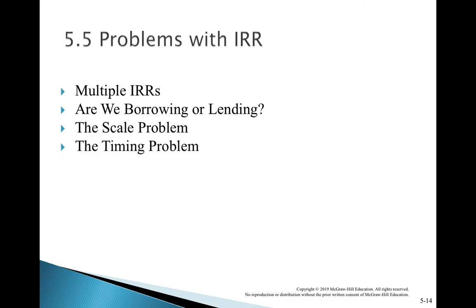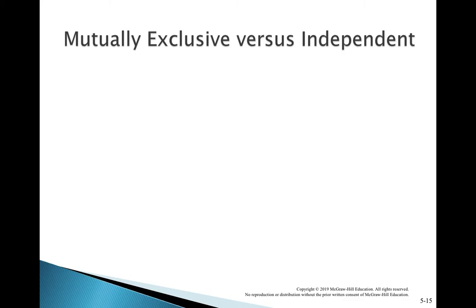Timing problem. When the cash flows have different timings, one project gives one cash outflow and 3 cash inflows, another project gives 1 cash outflow and 5 cash inflows. IRR might give a different answer than the NPV. Mutually exclusive versus independent. Independent means taking one project will not cancel the other projects. If project A and project B are independent, you can take project A and also project B, no problem.